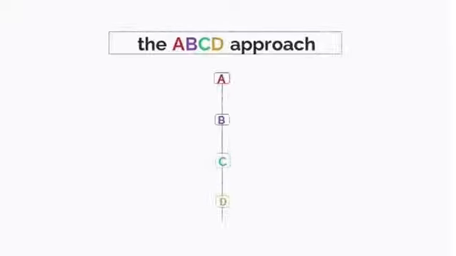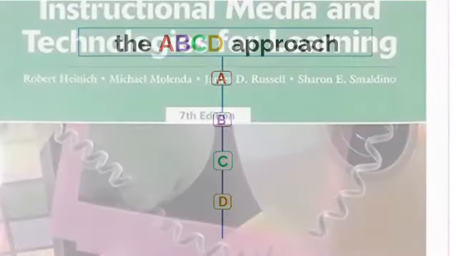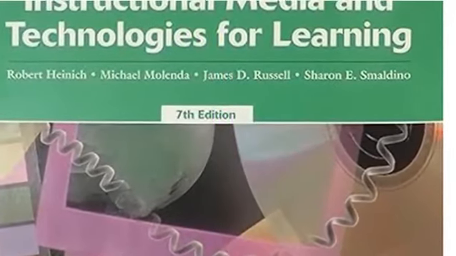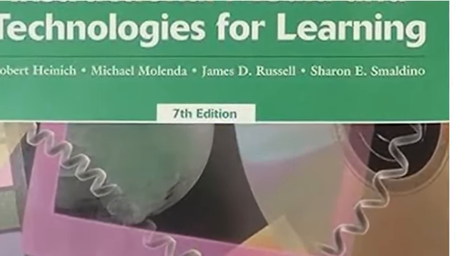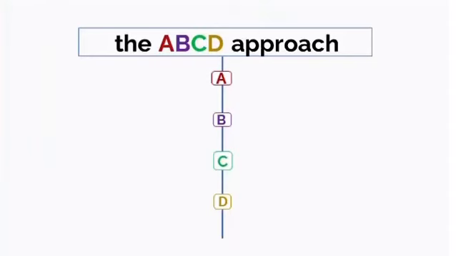If it is your first time to hear about the ABCD approach and you are wondering where it originates from, it was initiated by Robert Heinich along with his colleagues, and it is published in their textbook, Instructional Technology and Media for Learning. It is a very helpful way of preparing learning objectives today.